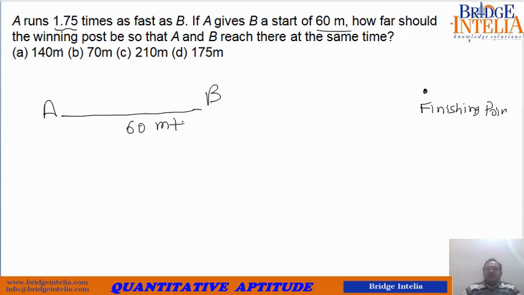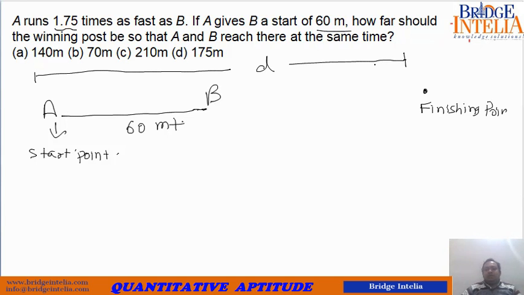Question is, how far should the winning post be? This is the starting point from where A has started to run. So how far should the winning post be? That means what should this distance be equal to if they both want to reach the finishing line simultaneously? Now coming to the fact that A runs 1.75 times as fast, it means he must have covered 1.75 times the distance in the same time.